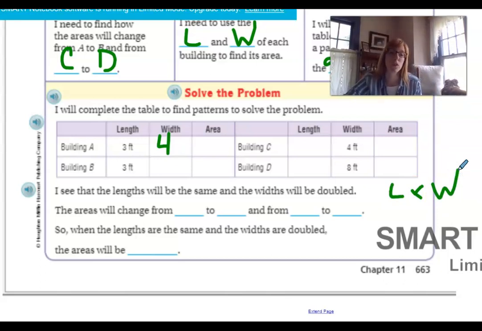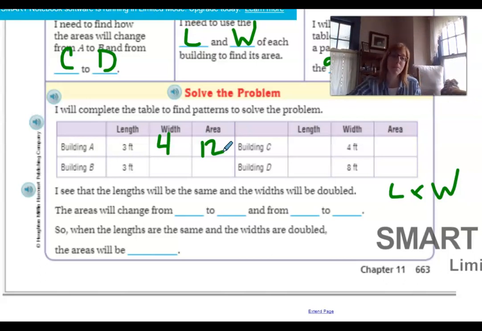So we're going to say 3 times 4 is 12. Now, hopefully you guys are writing square feet because we are doing area. I don't have enough room because I'm using my finger, and so it's a thicker writing tool, so I need you guys to write down square feet.